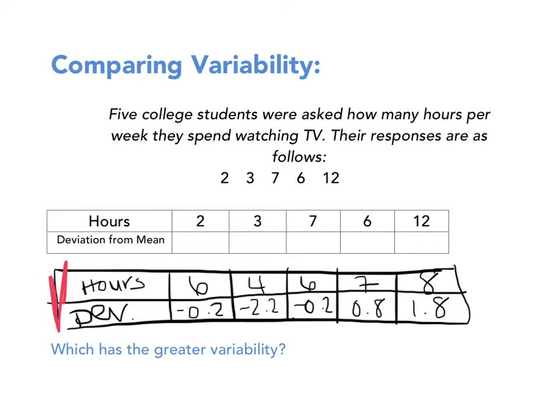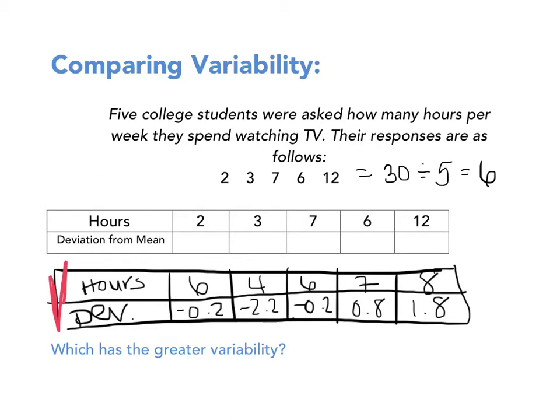Their responses are as follows: a 2, a 3, a 7, a 6, and a 12. And that all equals 30. When I divide 30 by 5, I get 6. So the mean for this data set is 6.